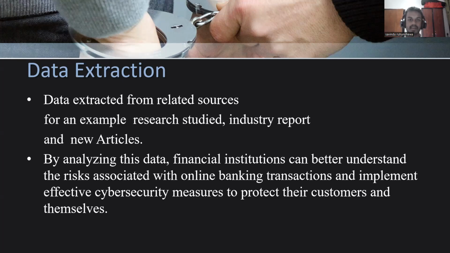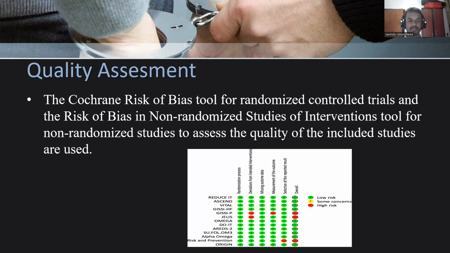Relevant data points can include the frequency and types of cyber threats, financial losses incurred, and measures taken to prevent or mitigate cyber threats. By analyzing this data, financial institutions can better understand the risk associated with online bank transactions and implement effective cybersecurity measures to protect their customers and themselves. Now we will move into the next slide.